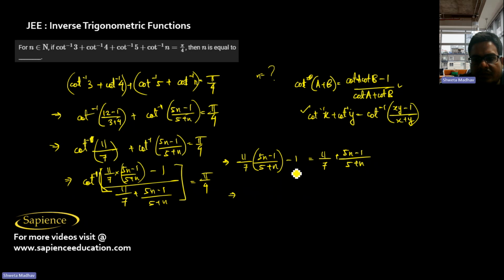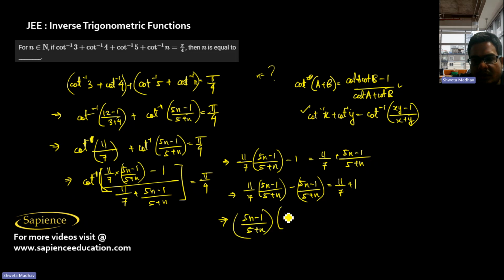So this will be 11 by 7 into 5n minus 1 by 5 plus n minus 5n minus 1 by 5 plus n, that will be equal to 11 by 7 plus 1. So this will be 5n minus 1 by 5 plus n into 11 by 7 minus 1, that will be equal to 18 by 7.